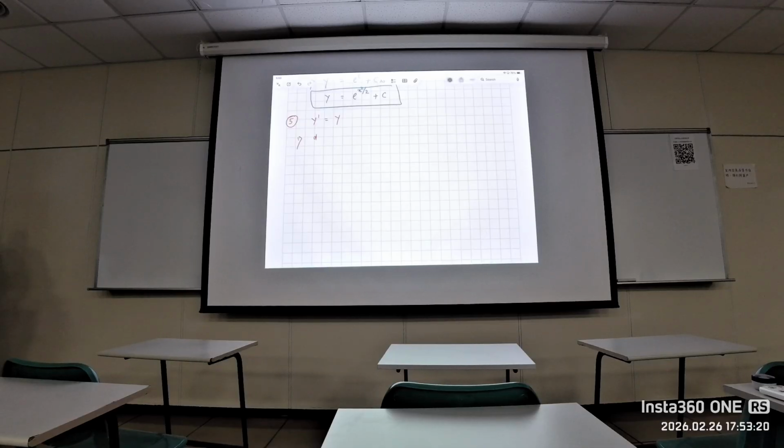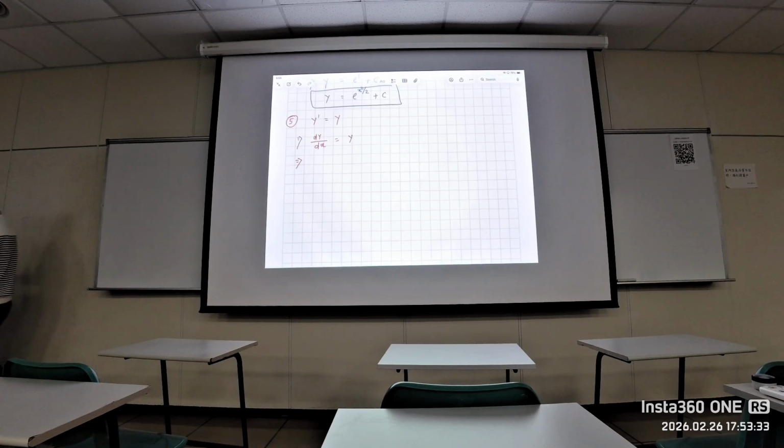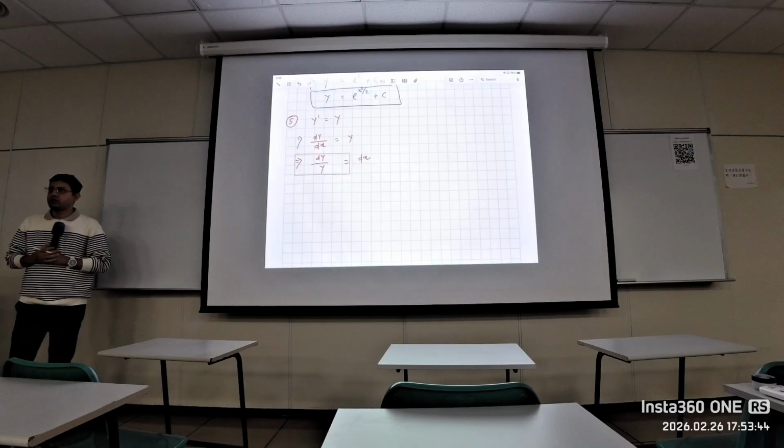That implies dy by dx is equal to y. I can keep all the y on one side and all the x on the other side. So dy by y is equal to dx, and then apply the integration.